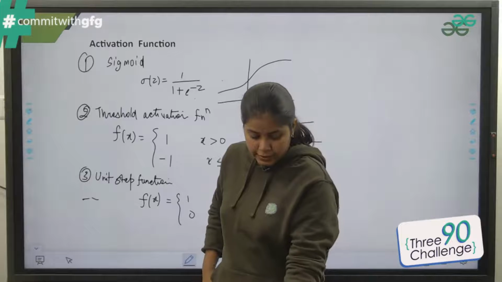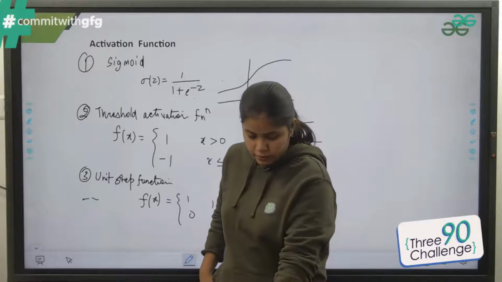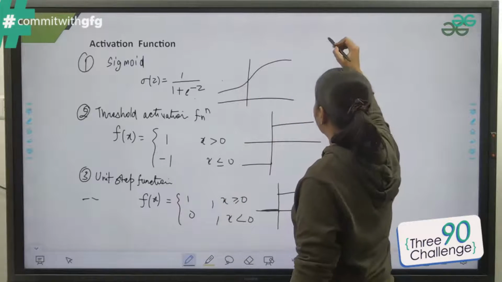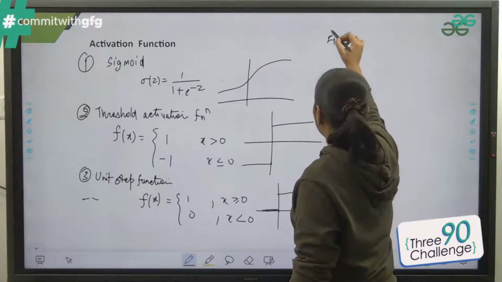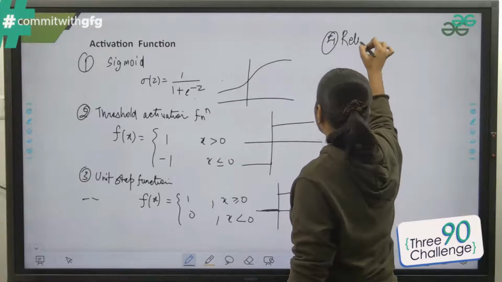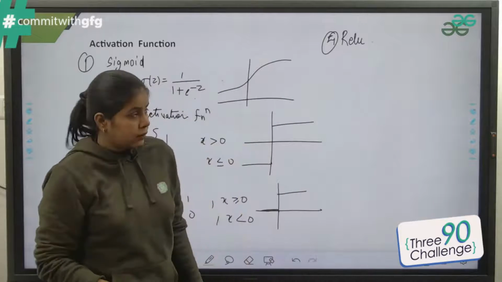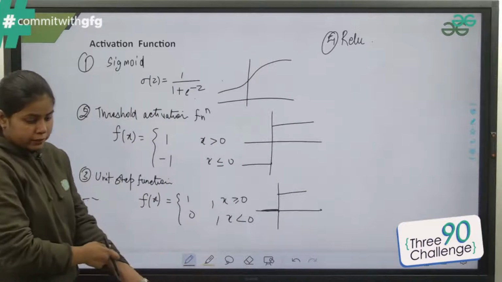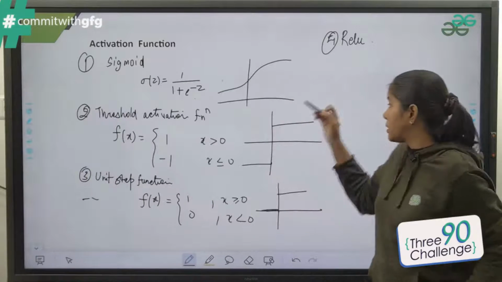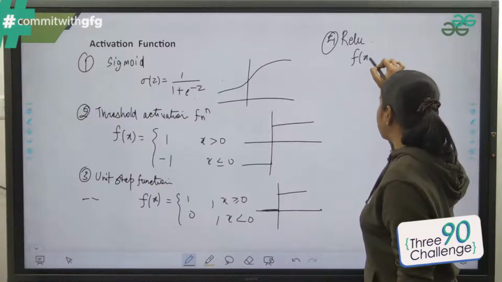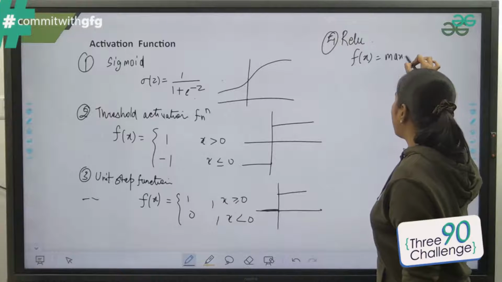Okay, so let's see other activation functions as well. Then we have ReLU, one of the important activation functions in neural networks. It says f of x equals the maximum of 0 comma x.